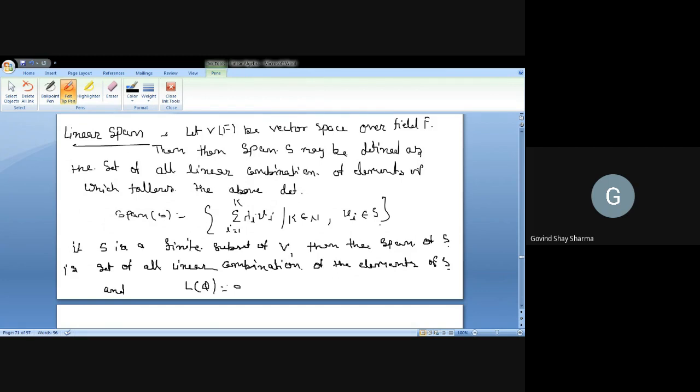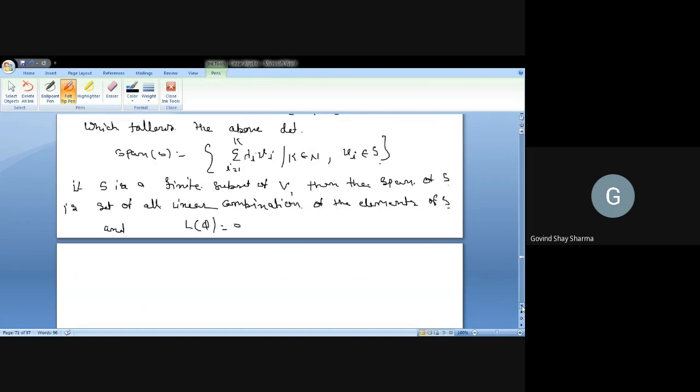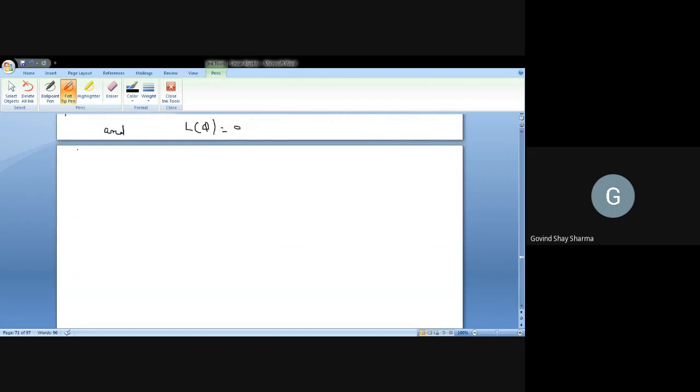The linear span theorem statement, an important theorem based on the linear span.